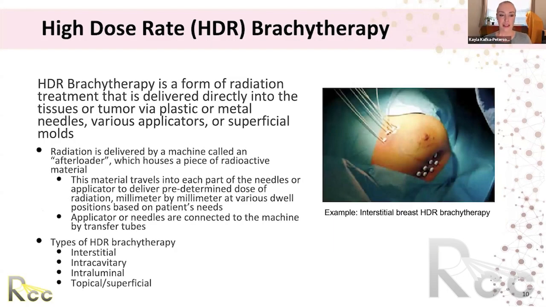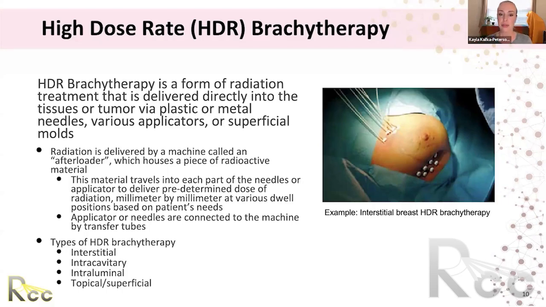So HDR brachytherapy is brachytherapy that is delivered directly into tissues or tumor via plastic or metal needles, different types of applicators, or superficial molds. The radiation will be delivered by a machine called an afterloader, which is connected to the applicator or needles or mold, and will deliver radiation directly to the area with the use of one small seed.